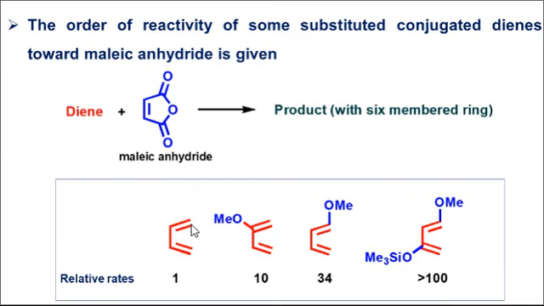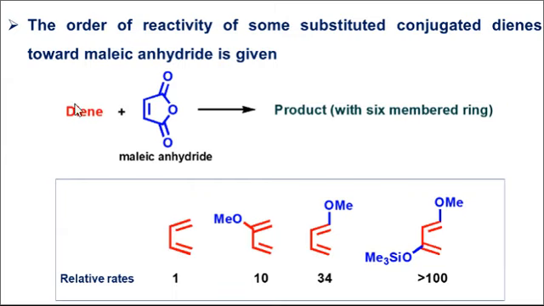It means it will have a high HOMO, and thereby it will reduce the energy gap between the HOMO of the diene and the LUMO of the dienophile, and it makes the reaction rate faster. Thus, the more electron flow towards the conjugated system of a diene, the higher the reaction rate.